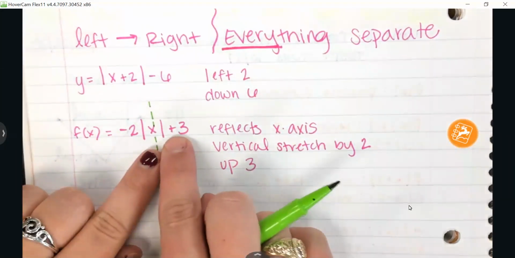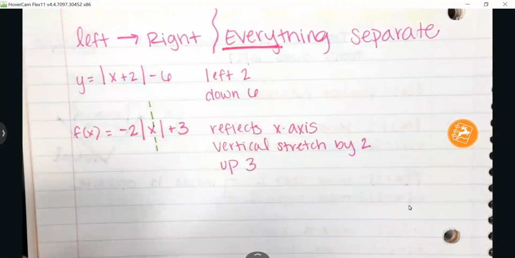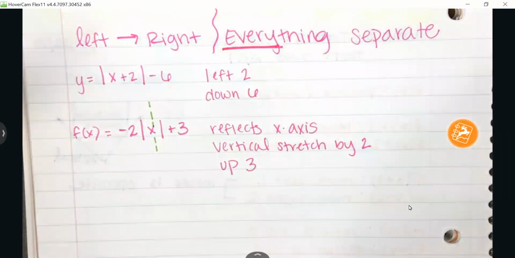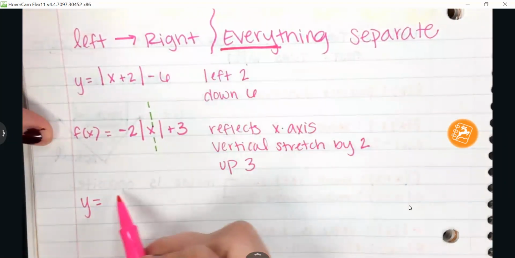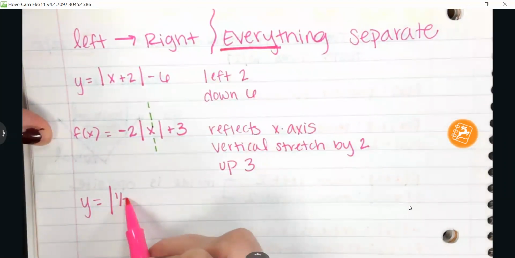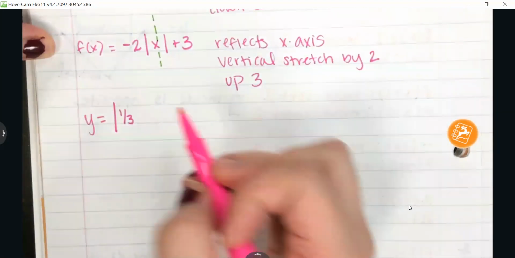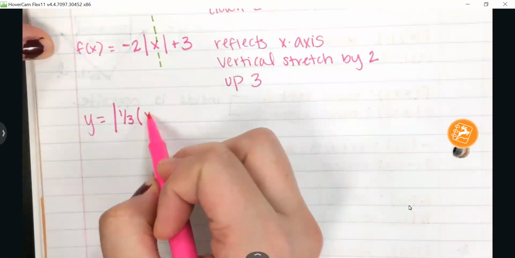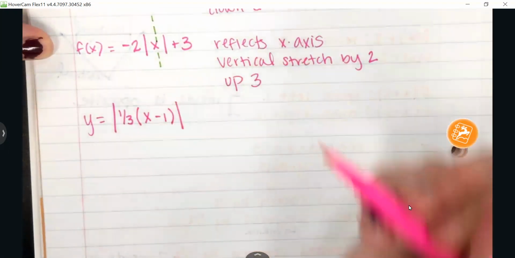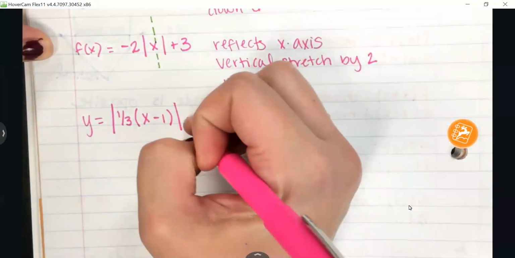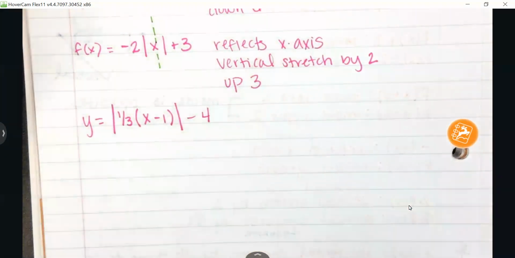That is telling me it's moving up 3. Okay? All right. Y equals absolute value of 1/3, parentheses, x minus 1, close my absolute value, minus 4.